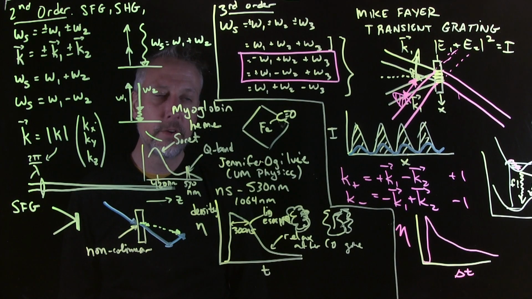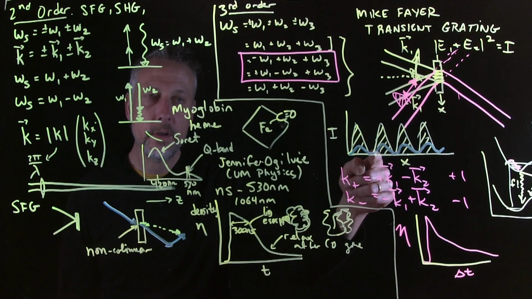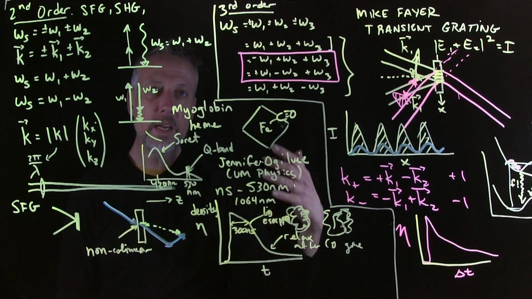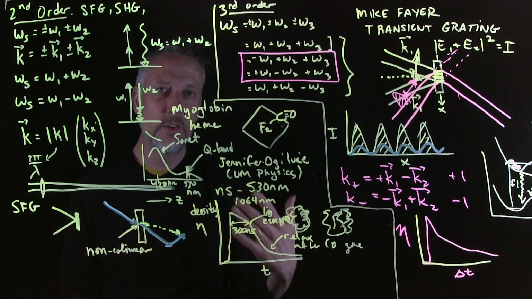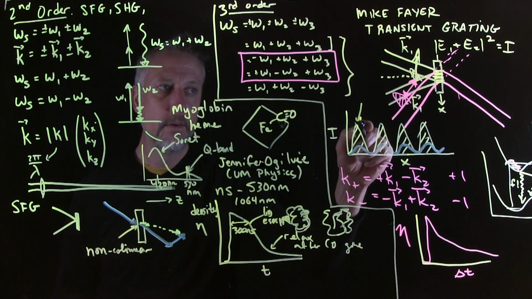Well, of course, the answer is neither one is more important because you can't have one without the other. There's no way to have a bright fringe without a dark fringe. So when you think about nonlinear spectroscopy, which is going to be really about the interference of multiple Liouville space pathways, we're going to be able to write down the mathematical description of how this got bright.